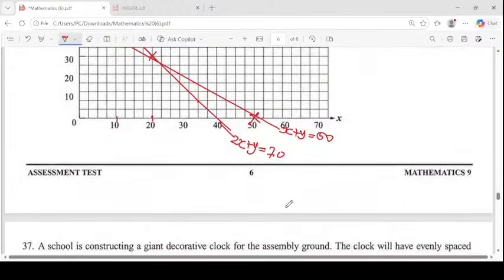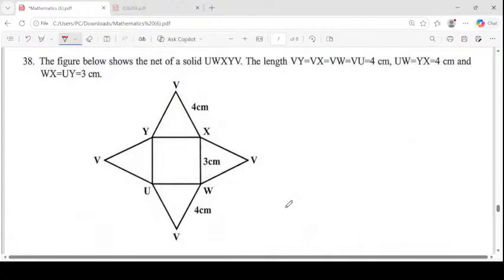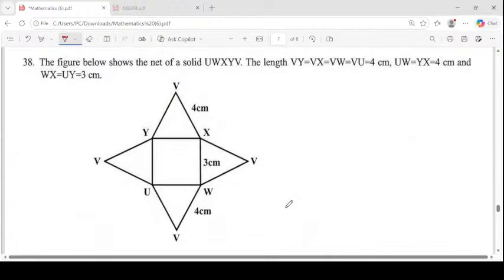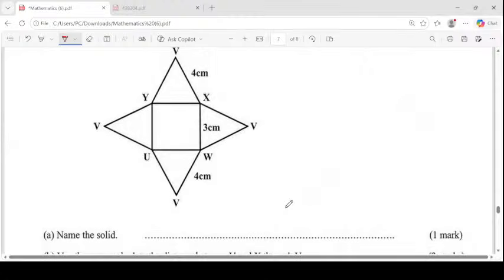We are at question number 38 now. We've been told the figure below shows the net of a solid. You can see it. Name the solid. For this solid, I want you to look at the measurements.